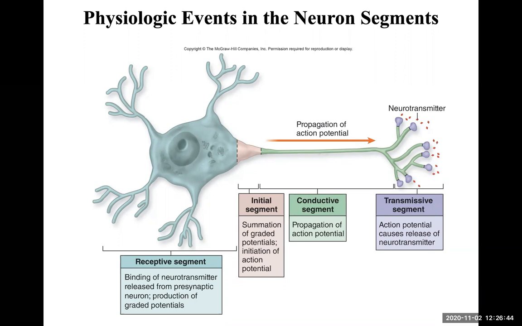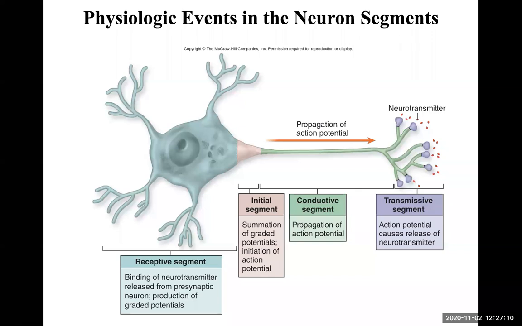And then in the transmissive segment, this is where you're going to find the calcium pumps and the voltage-gated calcium channels. And so when that action potential gets down into the transmissive segment, it will open up the voltage-gated calcium channels, and calcium will move into the synaptic knobs, right, which are a portion of the transmissive segment.